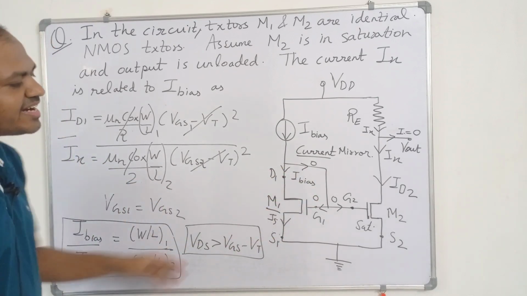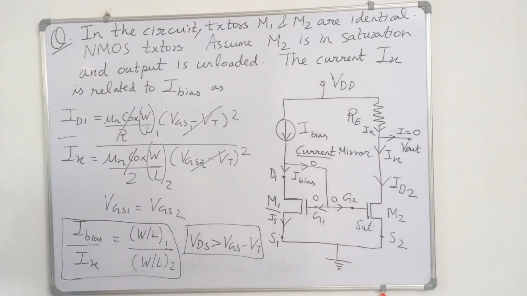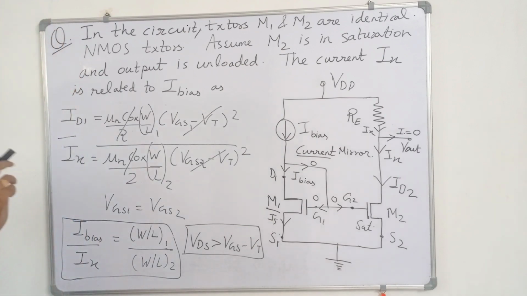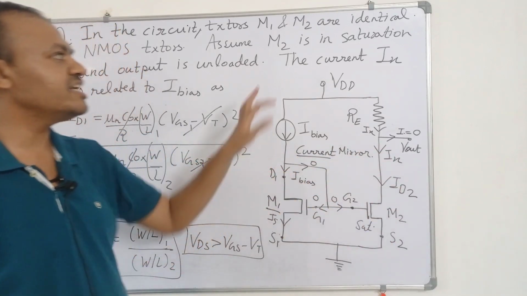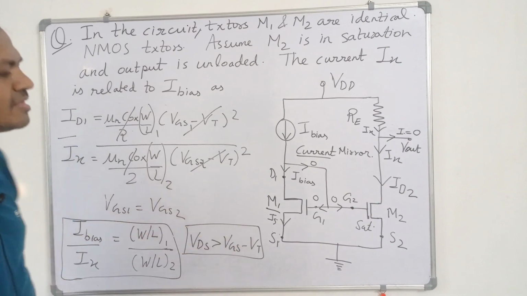Any MOSFET in which drain and gate are connected will automatically be in saturation. So remember that M2 has to be in saturation. It was given in the question that M2 is in saturation, so our condition was satisfied. In this way we can solve the questions.